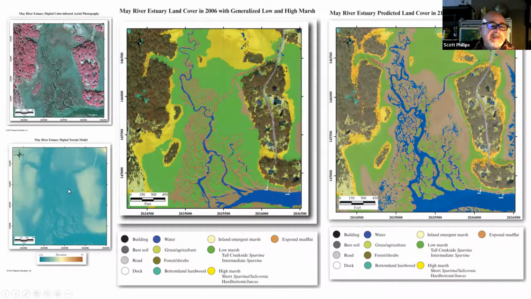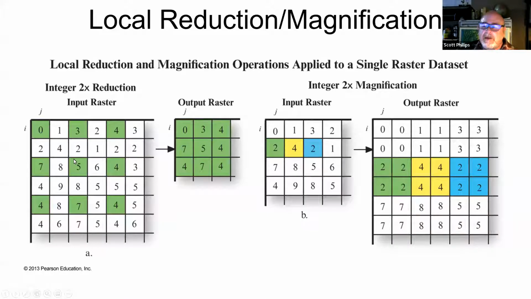Perhaps what's changed is the projected terrain model, the elevation model, and sea level has changed over time. Actually, it wouldn't be the terrain model, it'd be the sea level that changes over time. But we know what areas might be inundated because of the terrain model. So getting a little tongue-tied here, sorry. All right, going back to the basics.